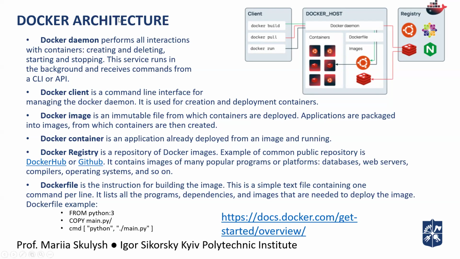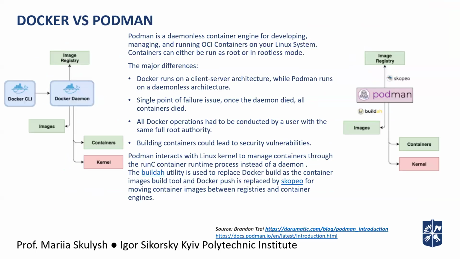Do you have questions about Docker architecture? Is it clear how it works? Okay, if it's clear, we can compare Docker with some other systems. The other system is Podman. Actually, Podman has quite the same architecture as Docker with one difference.